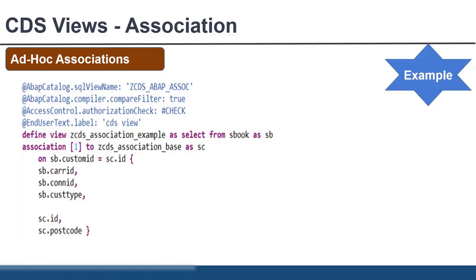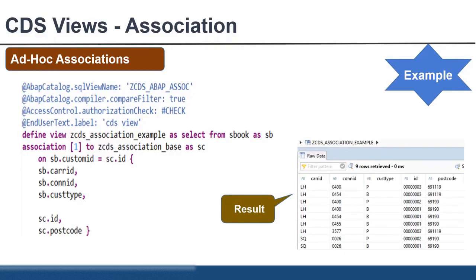Cardinality is 1, and the fields ID and postcode from the association base are selected here. These kinds of associations are called ad hoc associations. And if we see the result, the screenshot shows the result, which says ID and the postcode.